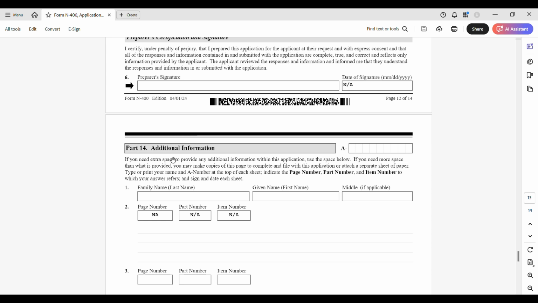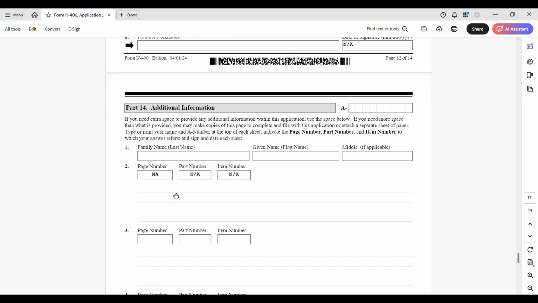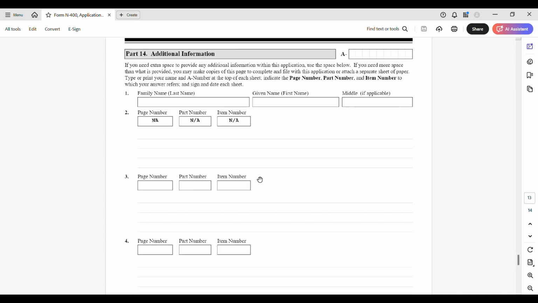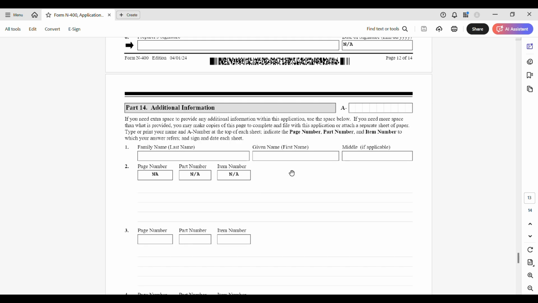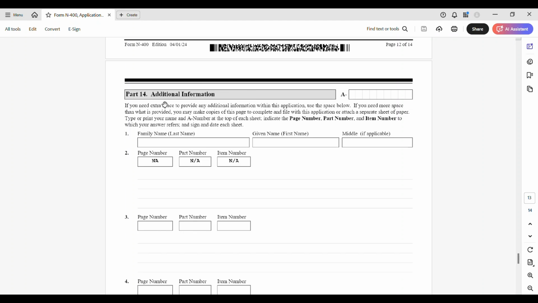So if you did not have enough space for any section previously completed, then this is where you would provide that additional information. And what you could do based on the number of pages or space that you require, if need be, you could print several of this part 14 page so that you have adequate space to write in your additional information.